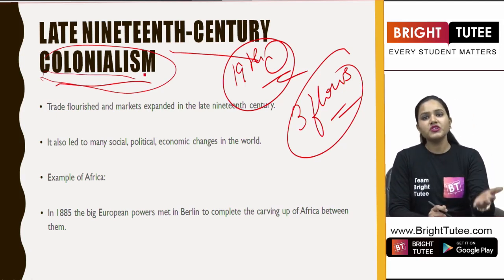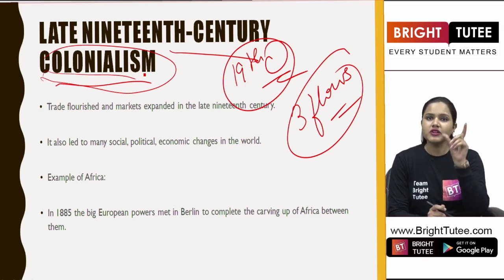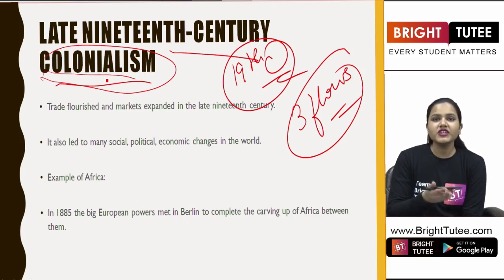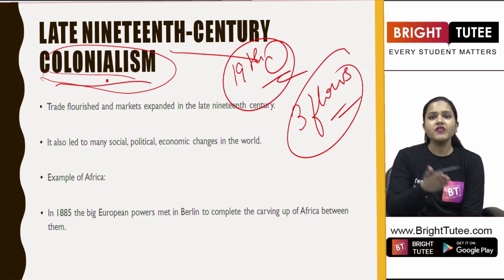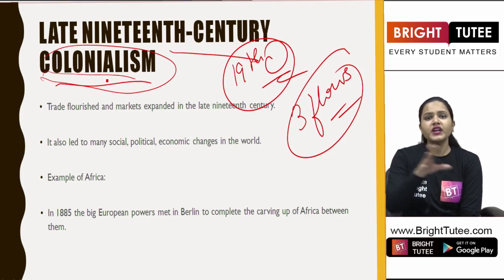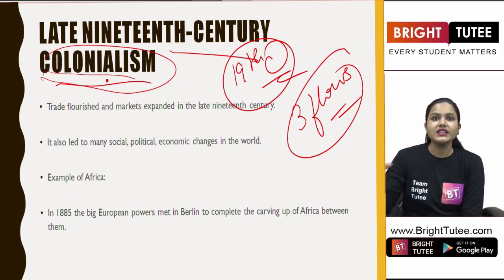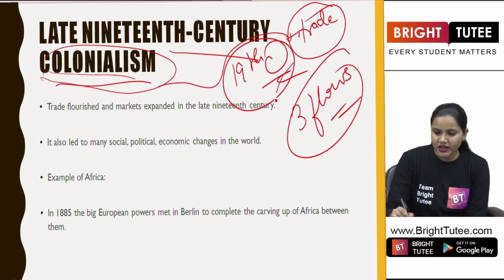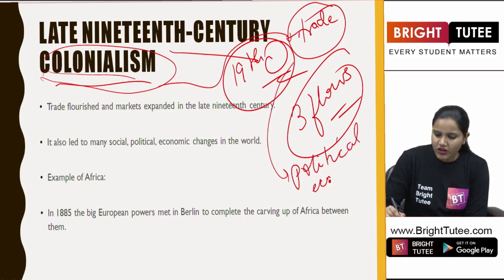In your previous chapters also, you have heard the term colonialism. So here what was happening students? The dominant powers, especially the European powers, were now colonizing different regions, making colonies everywhere, to gain what? First was for trading purposes, or for political or economic domination in those regions, right?